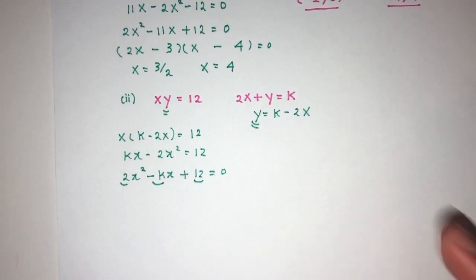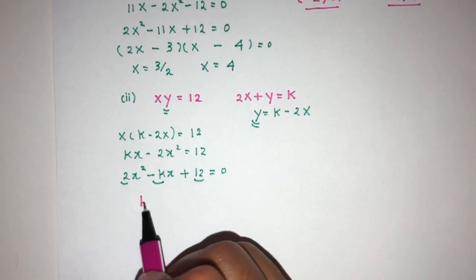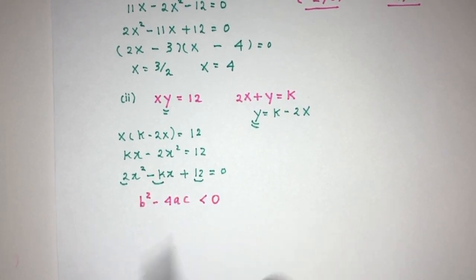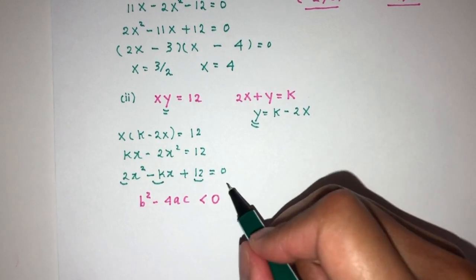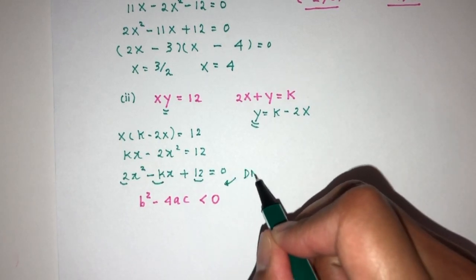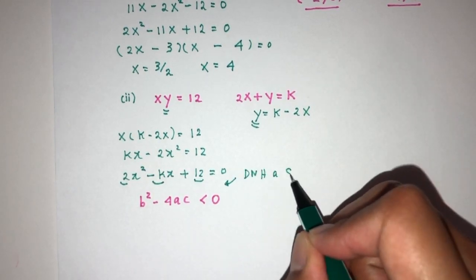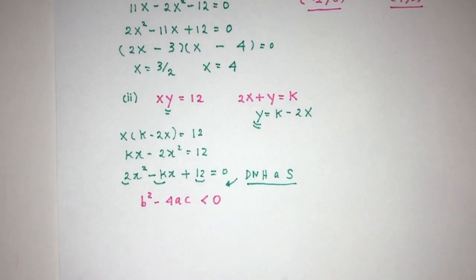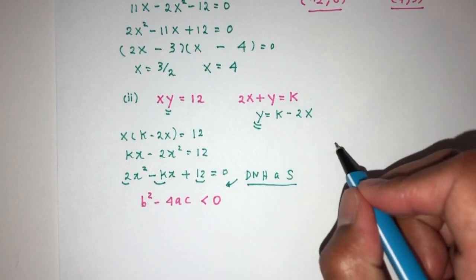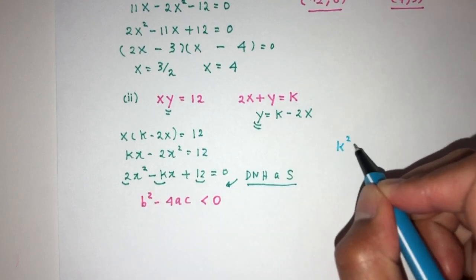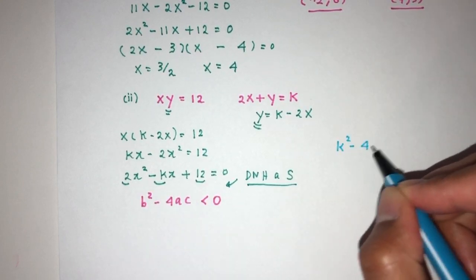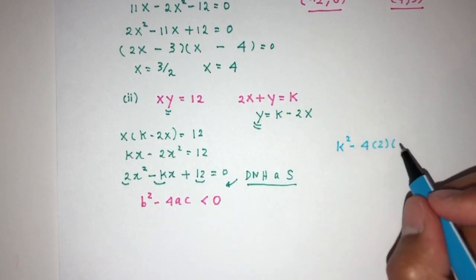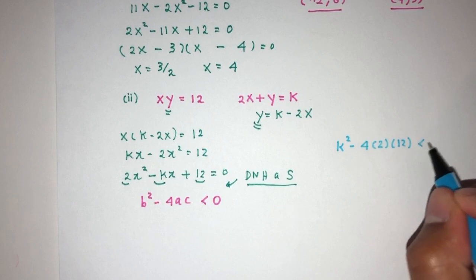If they do not have a solution, it means that b squared minus 4ac has to be less than 0. Again, this means no solution. Whenever we see this, it leads to this. Now let's solve this. B squared is minus k squared, which is k squared, minus 4a, where a is 2 and c is 12, less than 0.